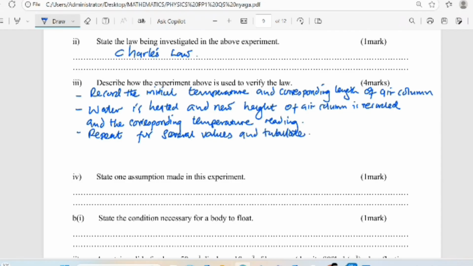Then plot a graph of volume against temperature.